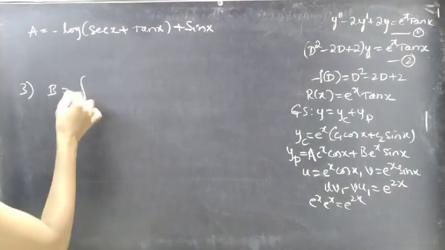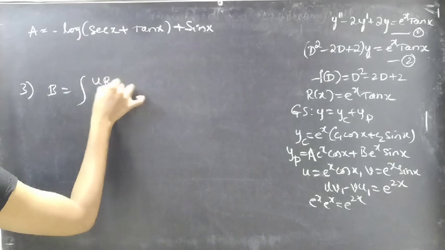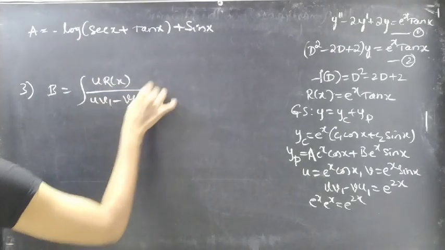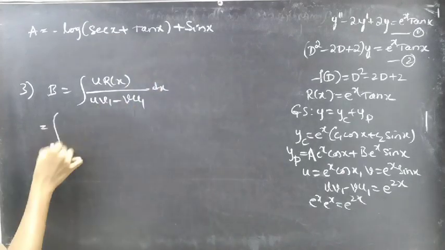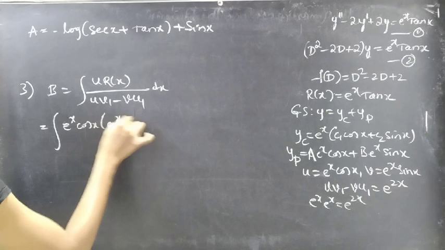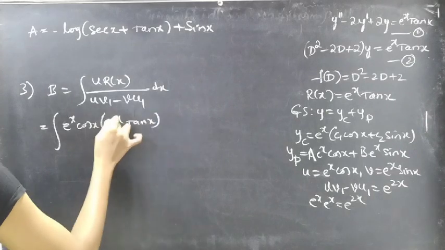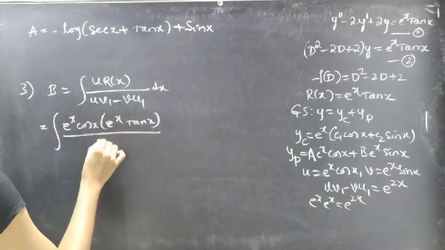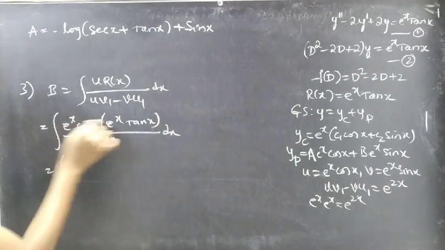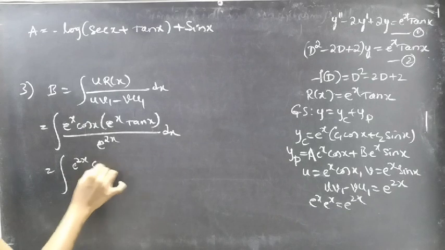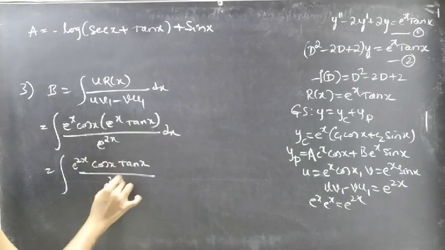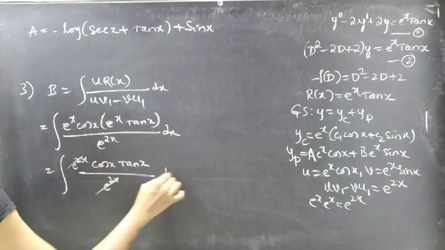Let's find b using integral u into r of x by uv1 minus v1 into dx. Here u is e power x cos x, r of x is e power x tan x, and uv1 minus v1 is e power 2x. This gives us integral e power x into e power x, which is e power 2x, cos x tan x by e power 2x, where e power 2x gets cancelled.